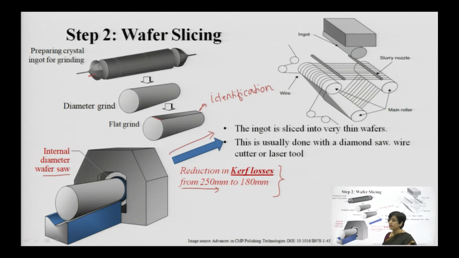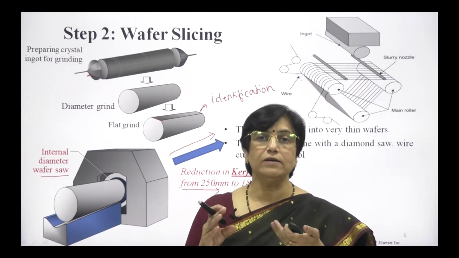We try to minimize those losses, and one of the new techniques being used is using multiple wires. Now, you have multiple fine wires which are simultaneously cutting the ingot. You can have 3 ingots simultaneously cut, and the ingot size can go as big as 300 millimeter.